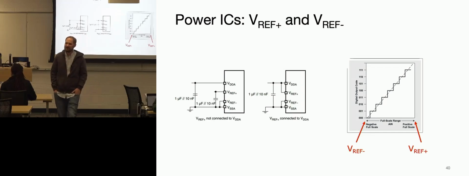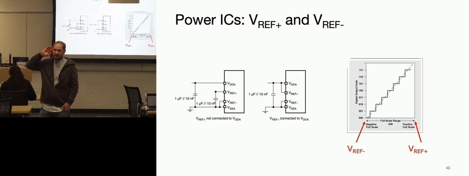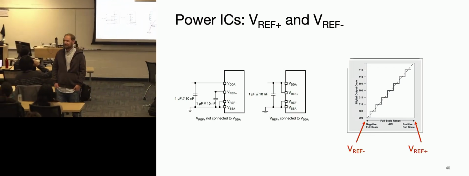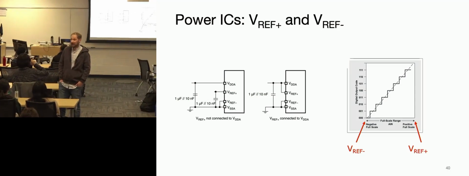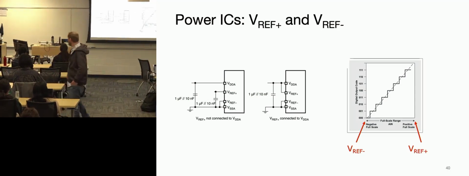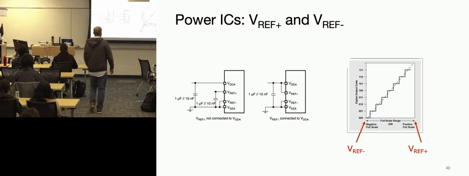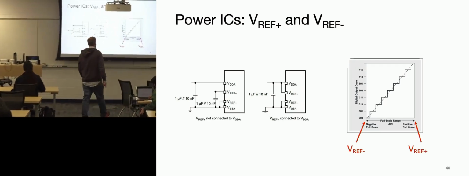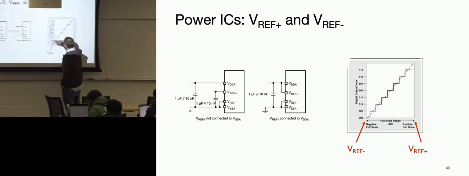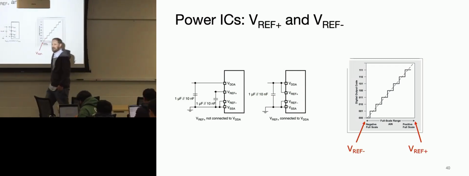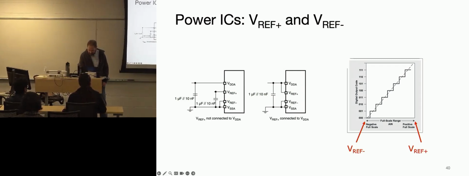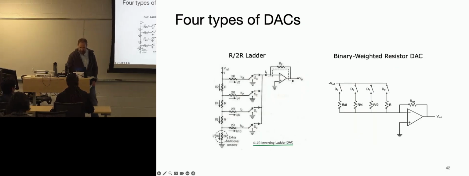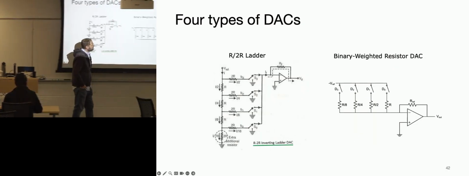Given a graph of a DAC, is it possible to determine what the resolution is just from looking at it? Sure. This you should be able to figure out. I mean, this just tells you this is 3 bits. But if we had an actual image of one, you should be able to figure out this one.